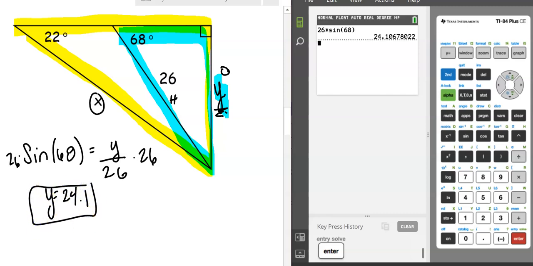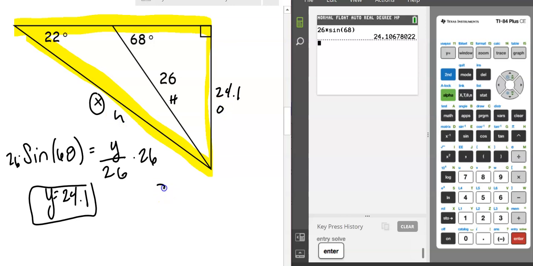Okay, so this side here is now 24.1, which we can then say, looking at this yellow triangle, you have the opposite side and the hypotenuse. So again, we're going to use sine. So sine of now 22, right? Because we have to use this reference angle. This one's now gone.